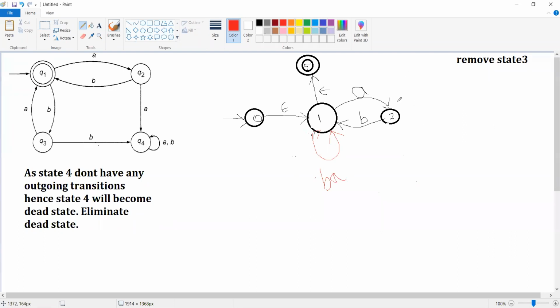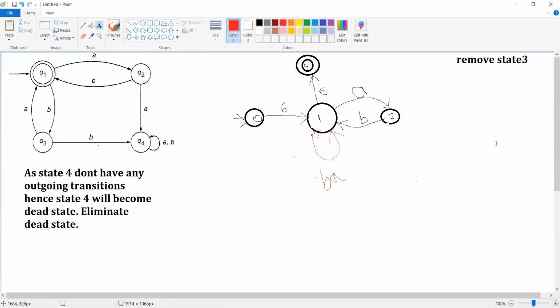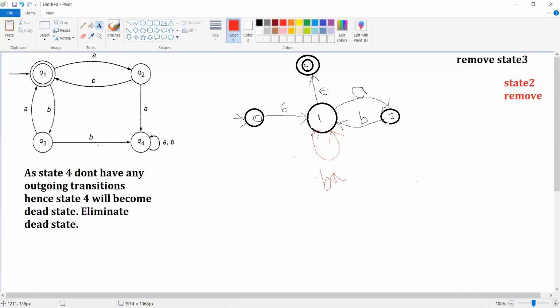Okay, now let's go ahead and try to remove state 2. When we want to remove state 2, please have a look at this.